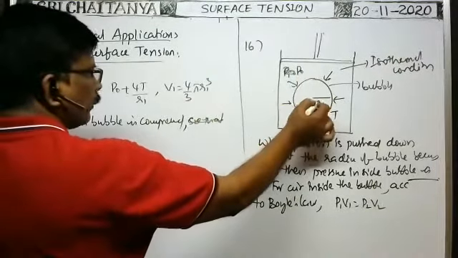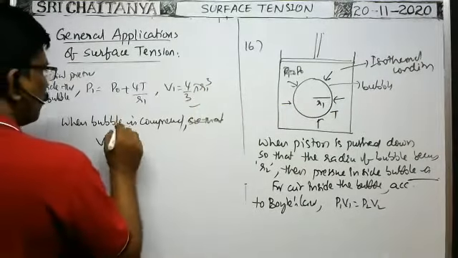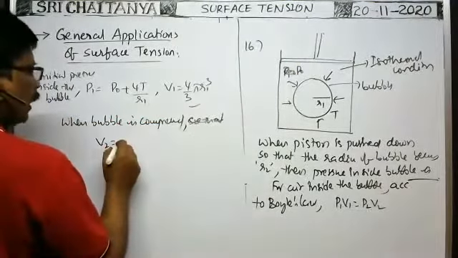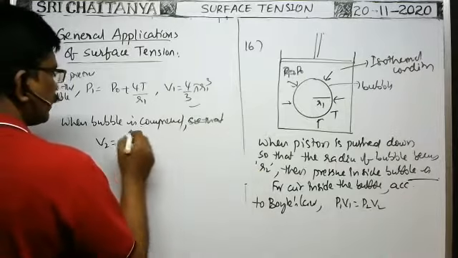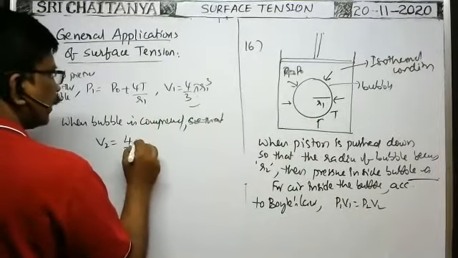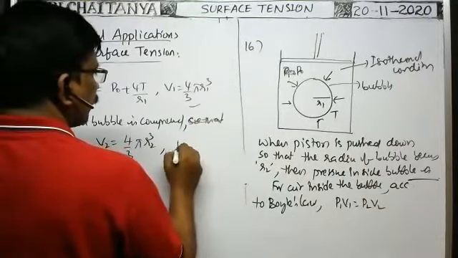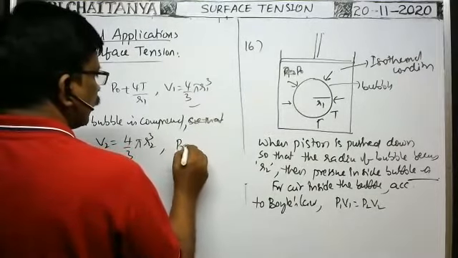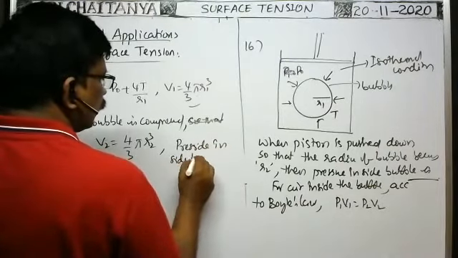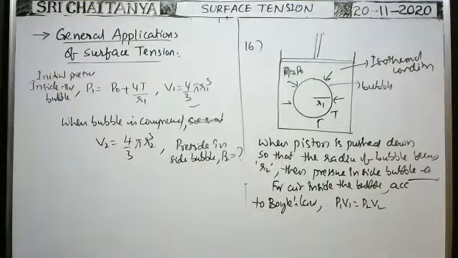Initially, when the radius of the bubble is R1, the volume of the air inside is this one, and the pressure is this one. Whenever the bubble is compressed by pushing the piston downwards, the volume of the air inside the bubble in the second case becomes 4/3 pi R2 cube. Now, what is the pressure inside the bubble? P2 is equal to question mark.